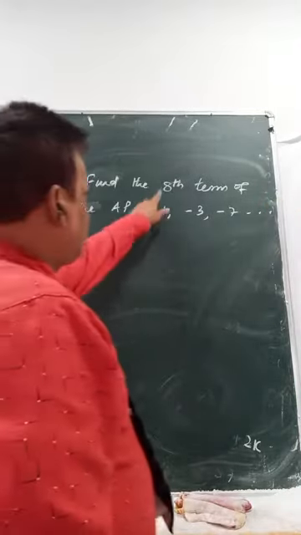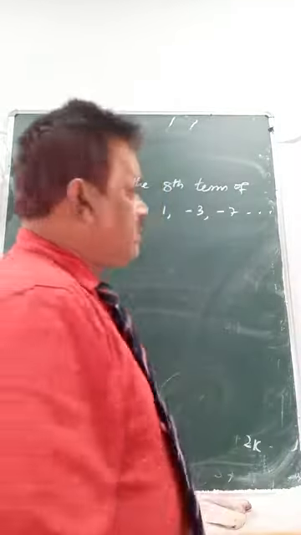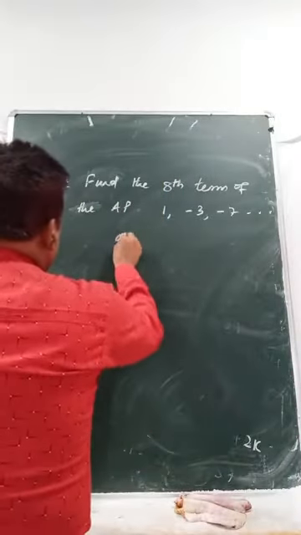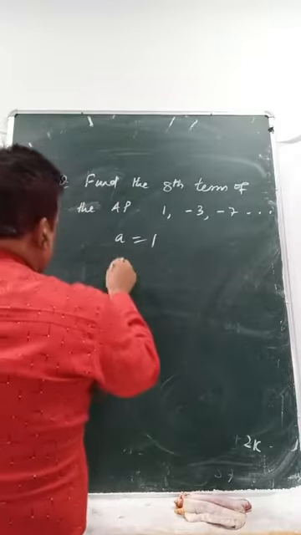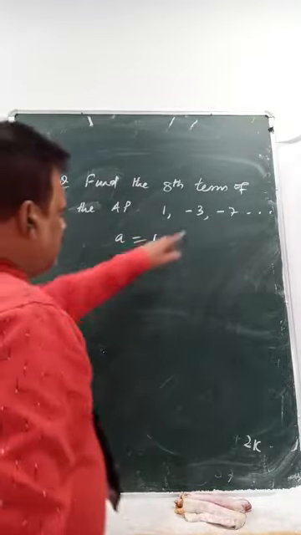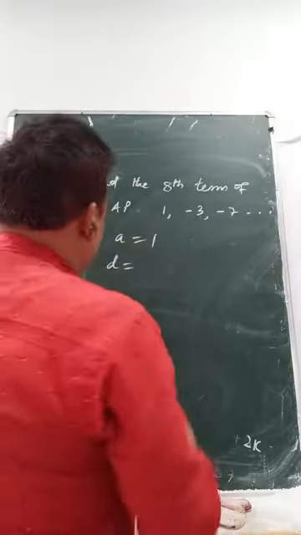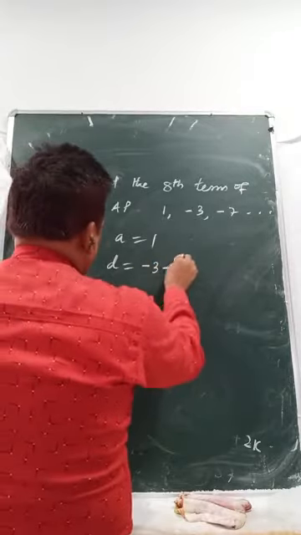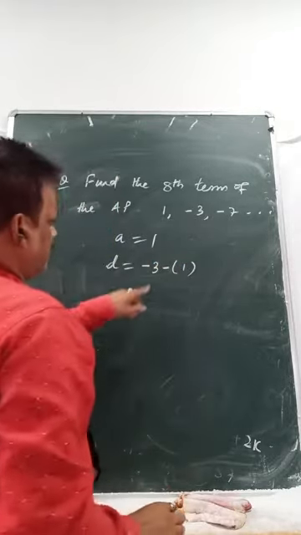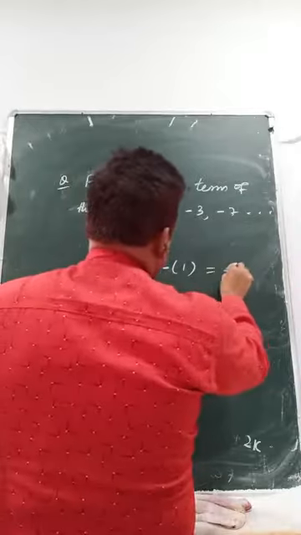So you find out what is the 8th term. Okay, let's find what is A. A equals to 1. What is D? Now this minus this. Minus 3 minus 1. So minus 3 minus 1 is minus 4.